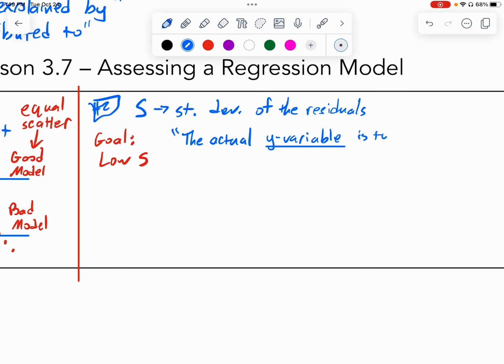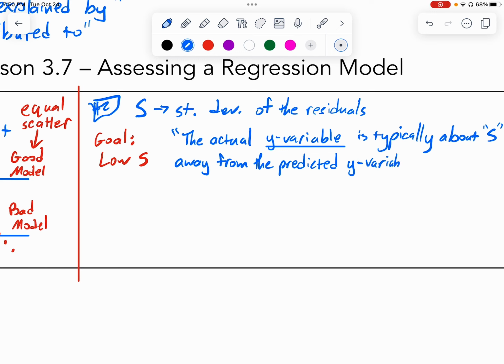is typically, or typically is another word for on average, typically about S away from the predicted Y value. Here, I'm going to switch the order, it just sits with my brain better.